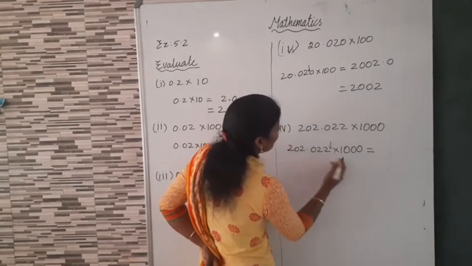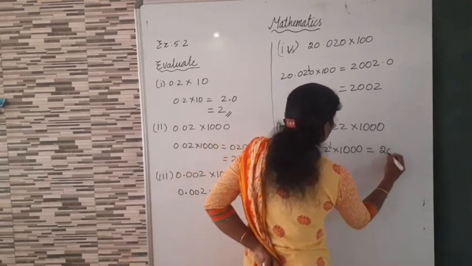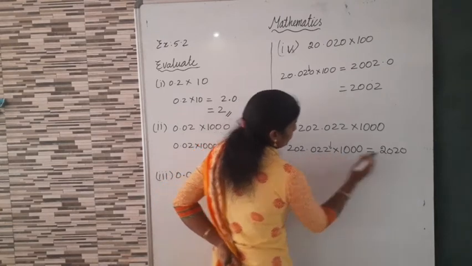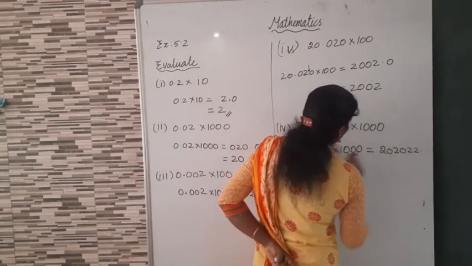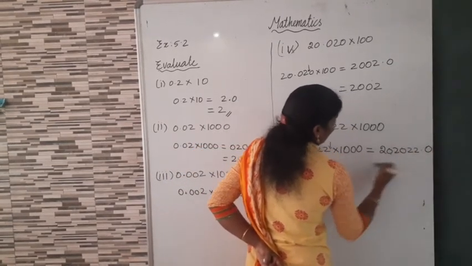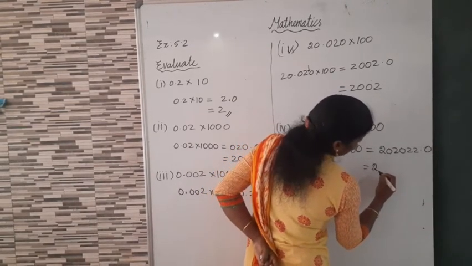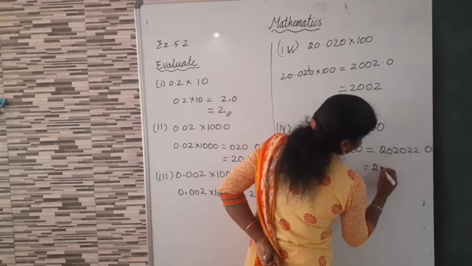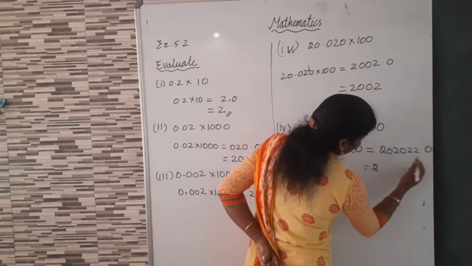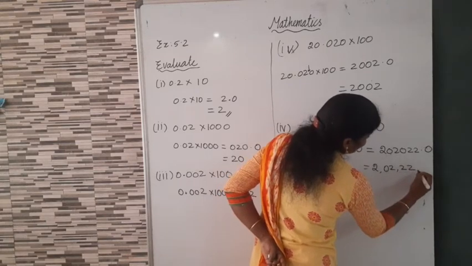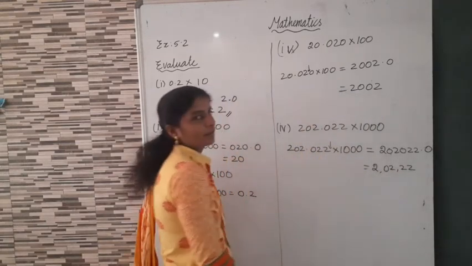So what's the answer? 202022. After the point no number, so 0. After the point no value. So 2,02,022, isn't it? 2,02,022 is the answer.